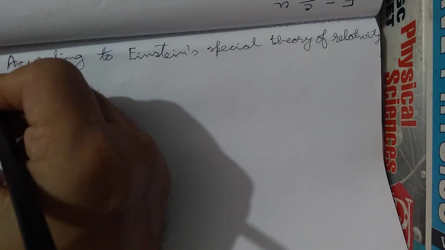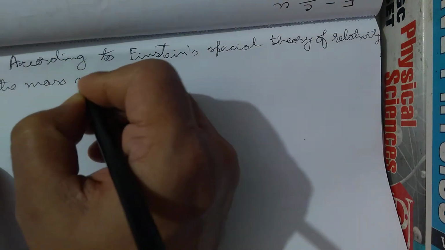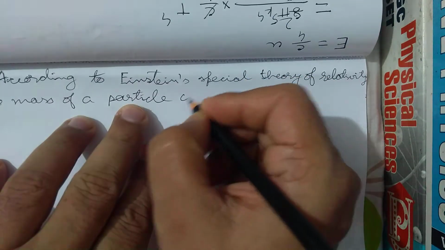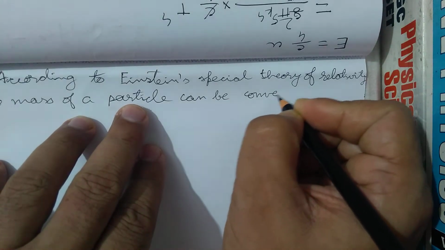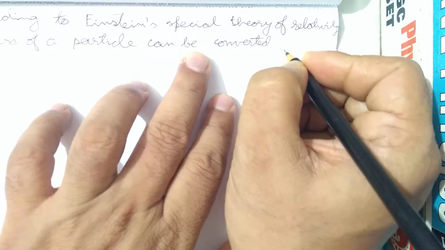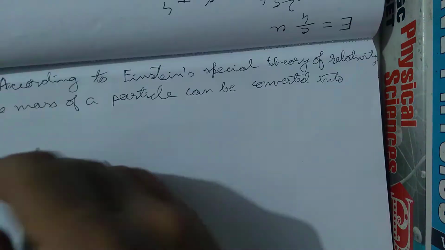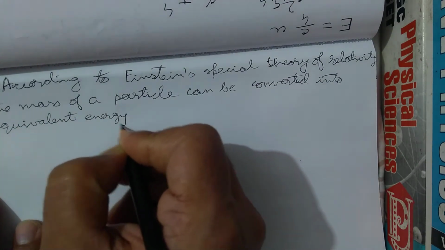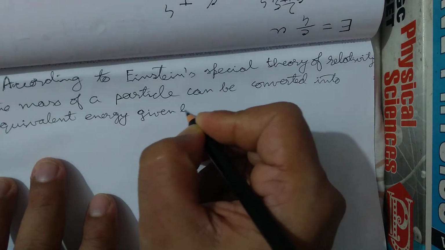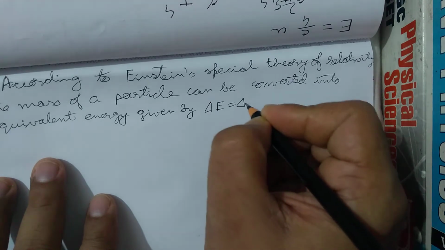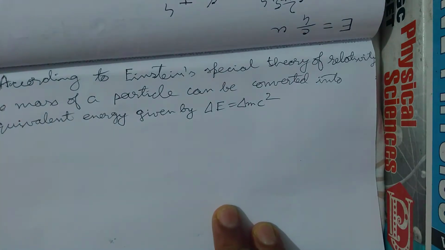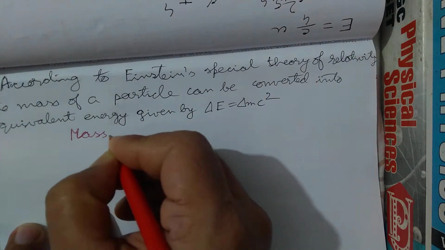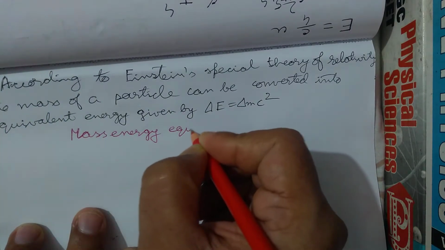The mass of a particle can be converted into equivalent energy given by ΔE = Δm c². This is known as the mass energy equivalence relation.